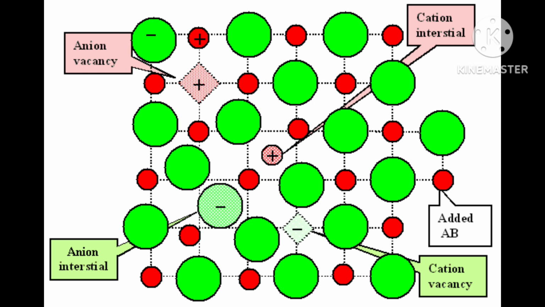Basically, stoichiometric defects are of two types. First, vacancy defect, and second, interstitial defect. What is vacancy defect?